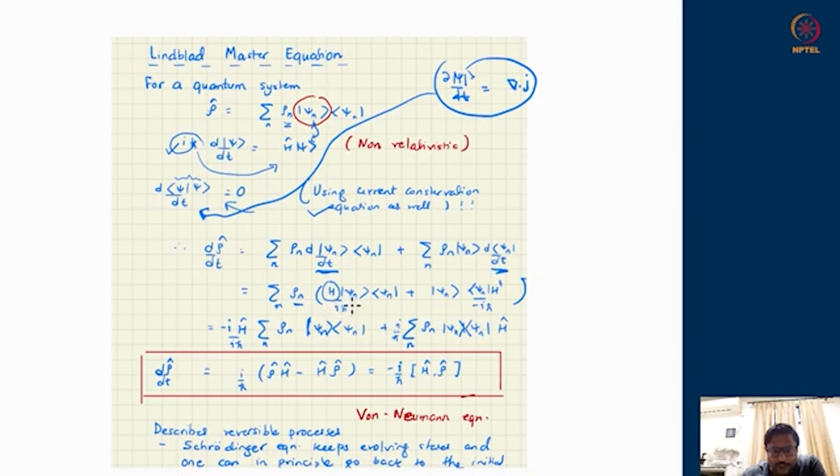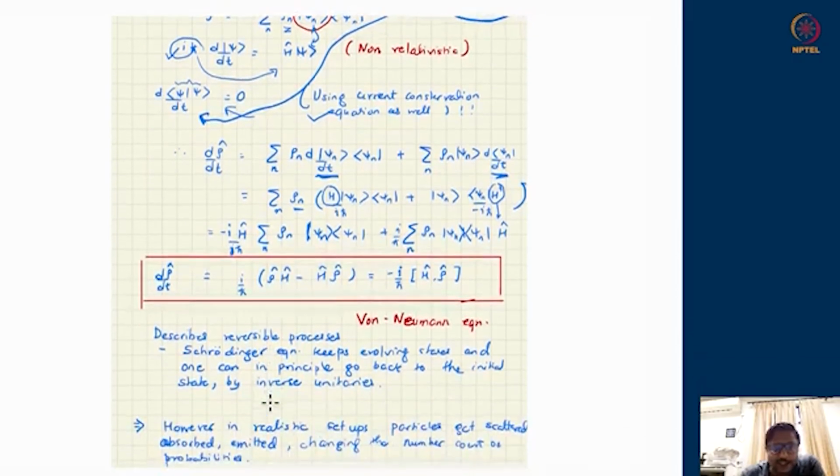So 1 by iota h bar is a common factor, so there should be minus iota upon h bar, then the Hamiltonian appears and the density matrix, and in the second term, the density matrix appears, then the Hamiltonian appears. So H dagger appears at the last, which is equivalent to H. Put together, everything, the time derivative of the density matrix can be written in a nice commutator form. All this algebra leads up to the so-called von Neumann density evolution equation.